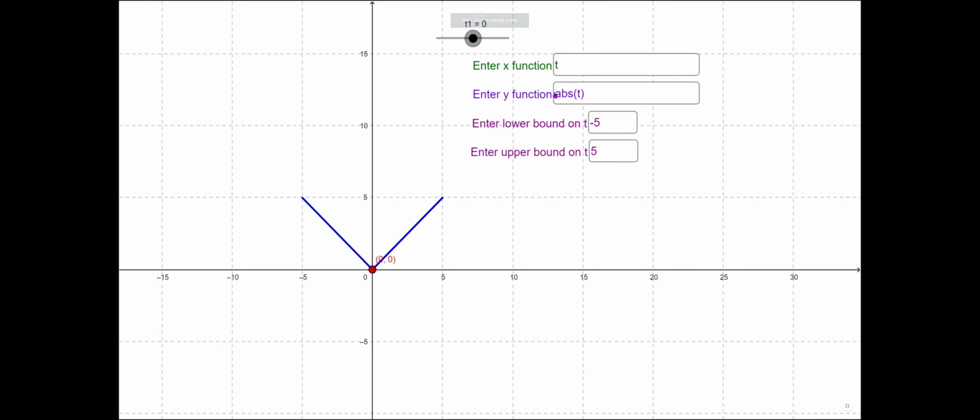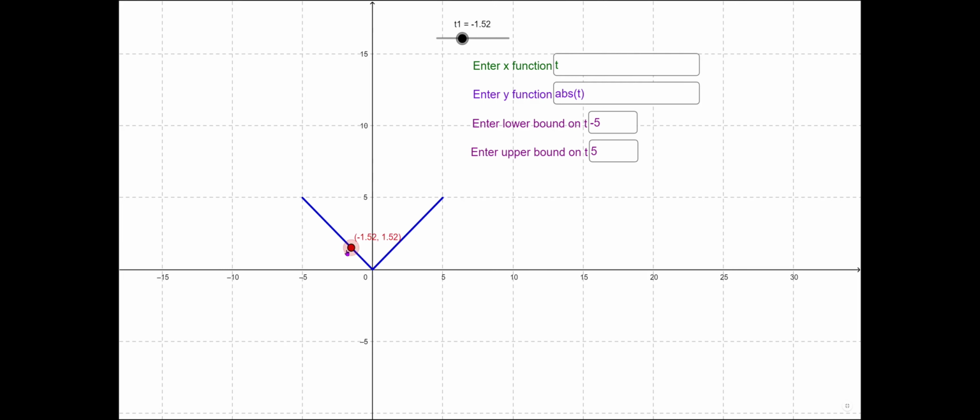The y function, when I put in mod t, the software converted it to absolute value of t, which is the same thing. The lower bound a is -5 and b is 5, and it plotted it for me. What you got is basically just mod x, this is the graph of y equal to mod x over here, right?